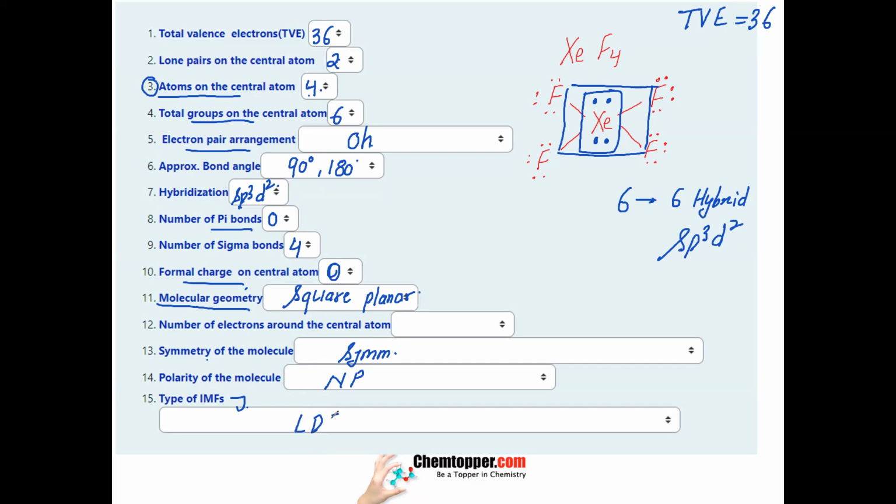Only LDFs, yes. Number of electrons around the central atom? Count the electrons around central atom, total electrons, including the lone pair and the bond pair. Yeah, six groups means 12 electrons.